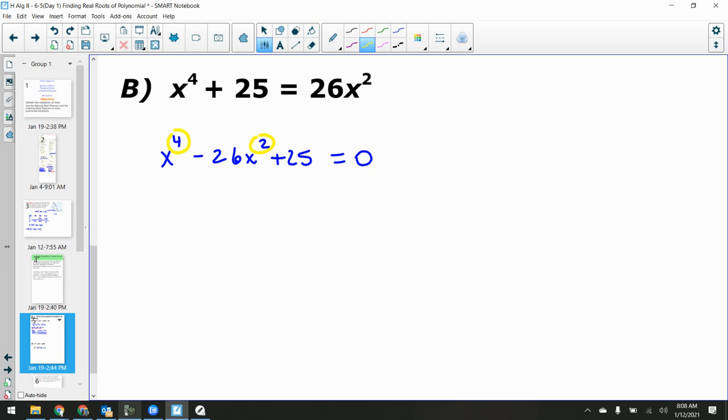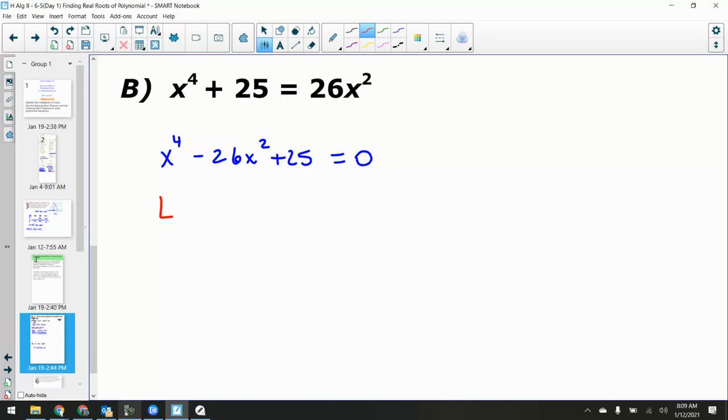Usually when we have this, it's an x squared and then an x, right? Okay, so here's a little trick that we're going to learn for these problems. Whenever you have it set up, and this is a very special case, where it's a trinomial and you've got x to the 4th and then x squared, what you can do is introduce a new variable.